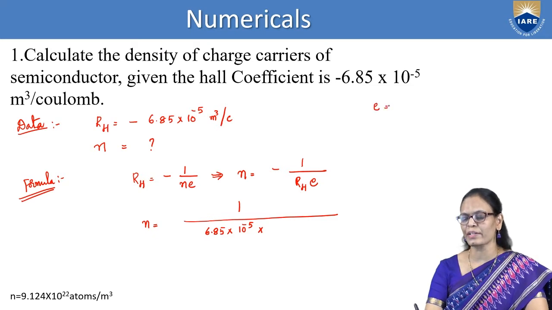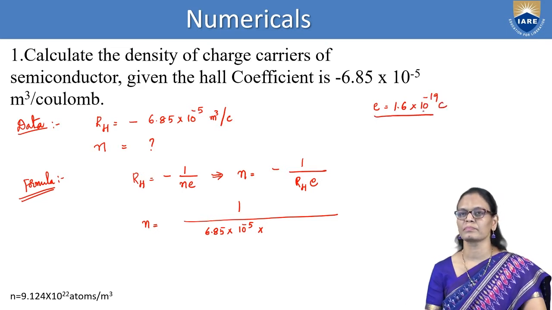The charge of an electron is a constant, E is equal to 1.6 into 10 power minus 19 coulomb.